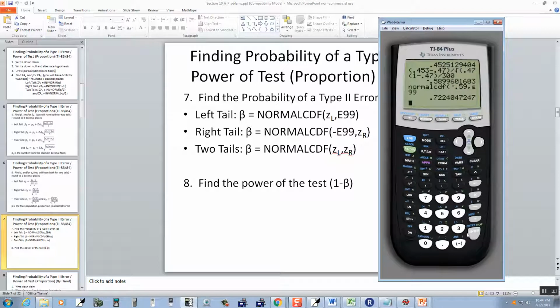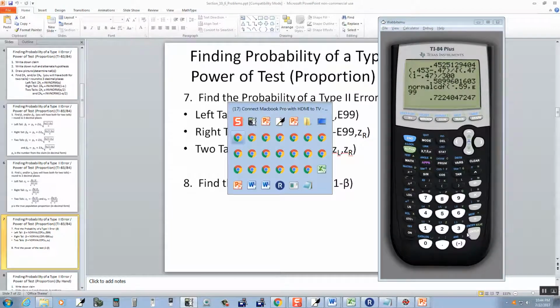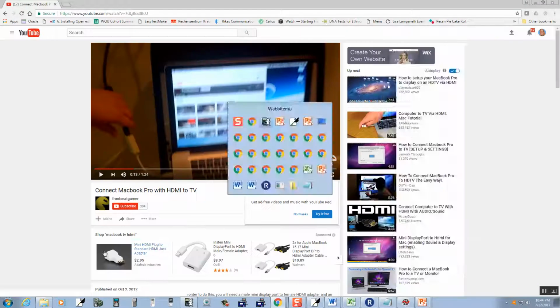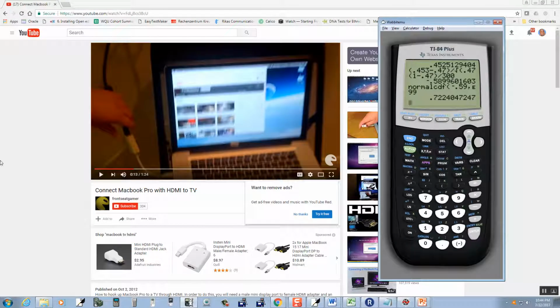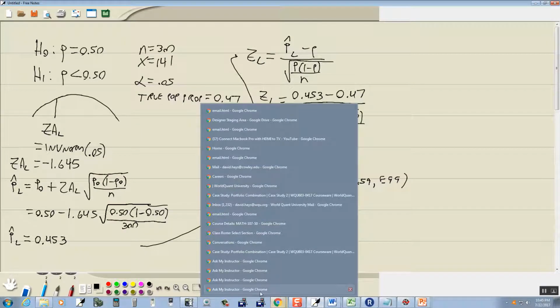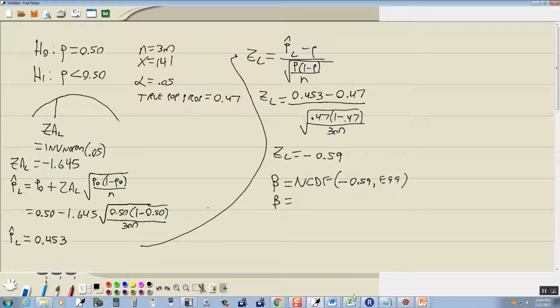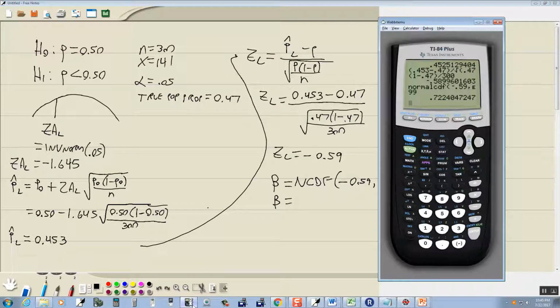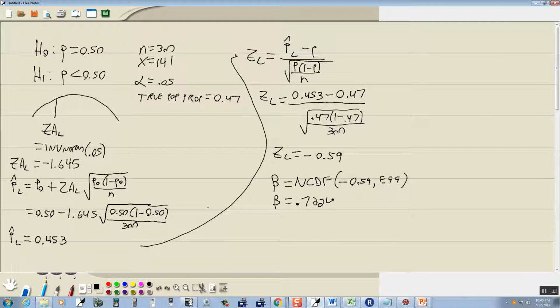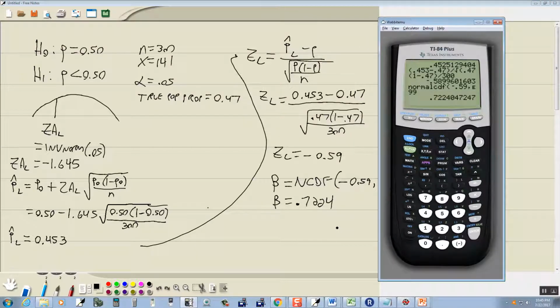Well, we'll get back there eventually. Okay, 4 decimal places. So 0.7224.